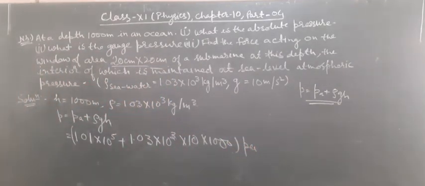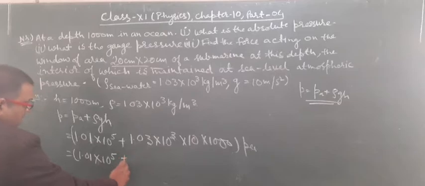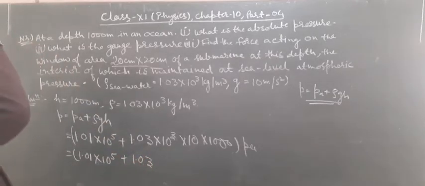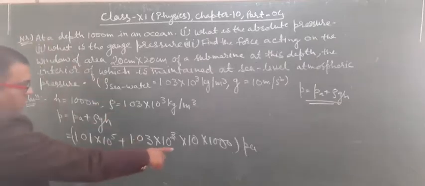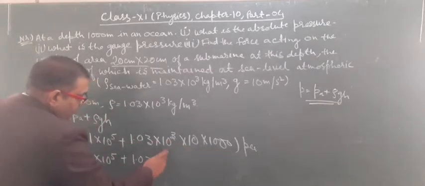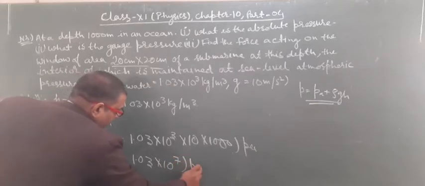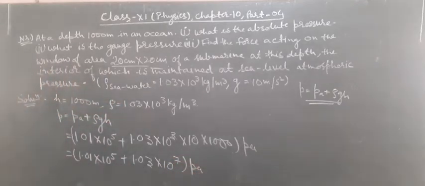Now calculating the value, it will become what? 1.01 into 10 to the power 5 plus 1.03 into 10 to the power 4 into 10 to the power 7 Pascal.